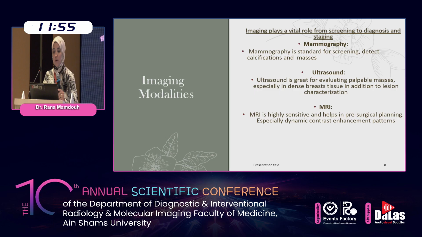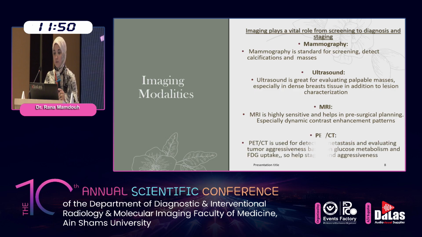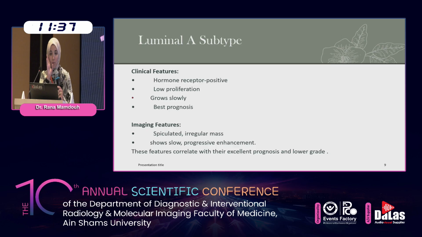MRI is sensitive and helps in pre-surgical planning, especially the dynamic contrast enhancement pattern. And PET-CT is used for detection of metastasis and evaluation of tumor aggressiveness based on glucose metabolism, and so helps staging and aggressiveness.